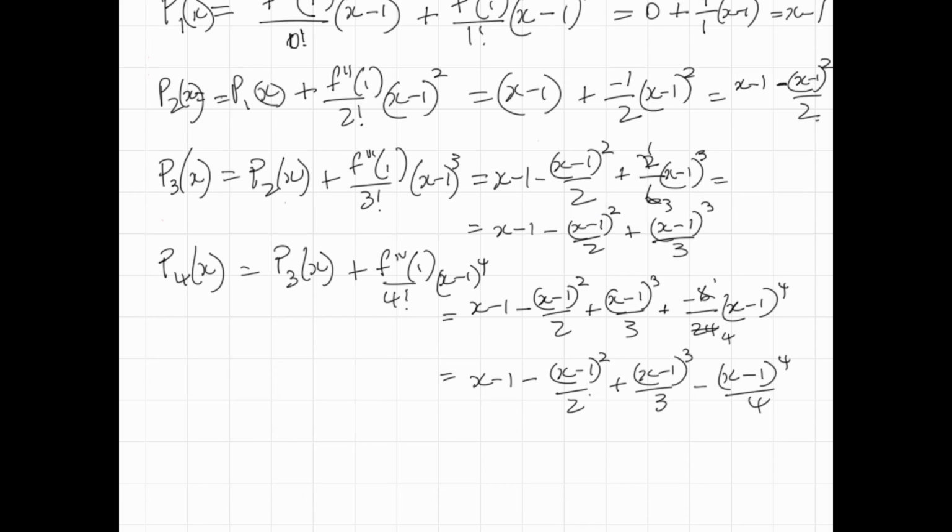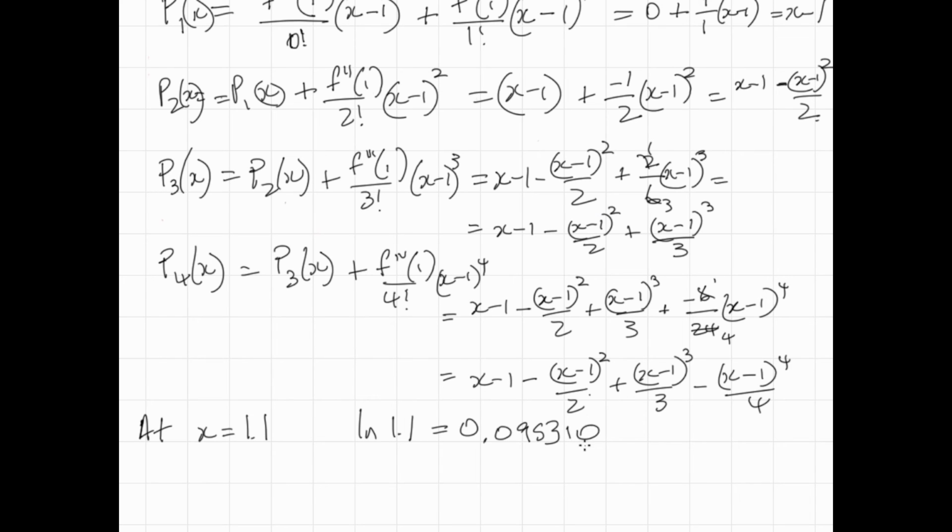How good are they? Quite good. You can actually do some evaluations. So this was at x equals 1. So at x equals 1.1, the actual true value of ln of 1.1 is equal to 0.0953.